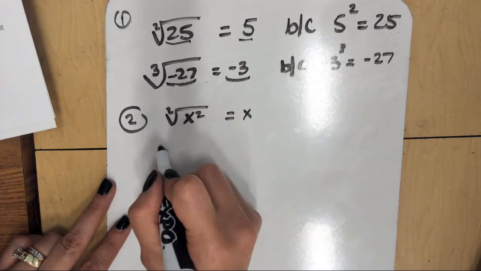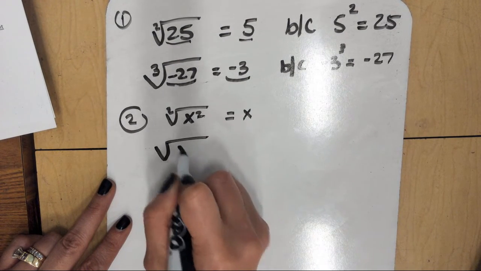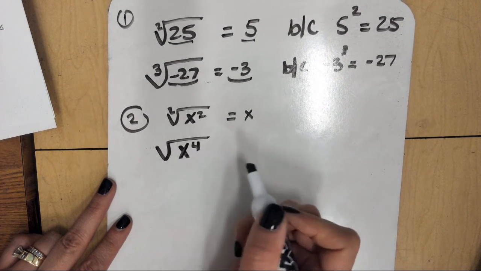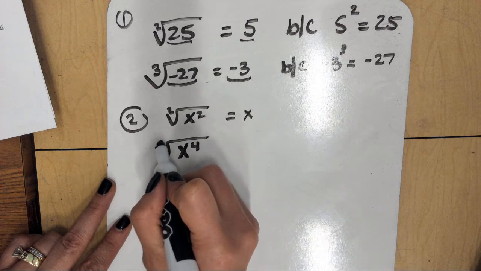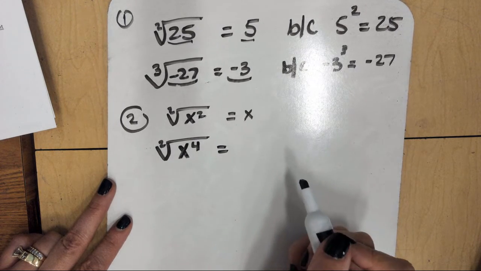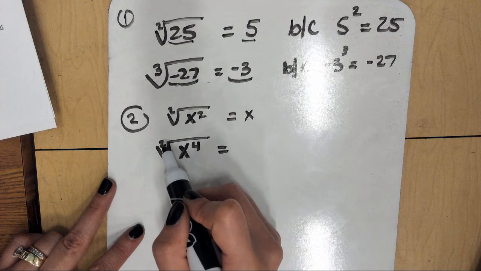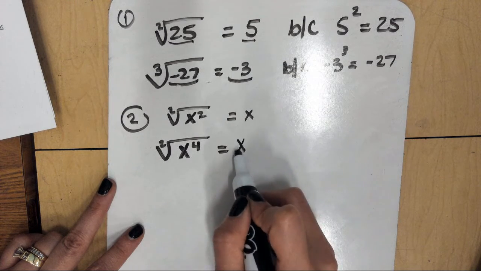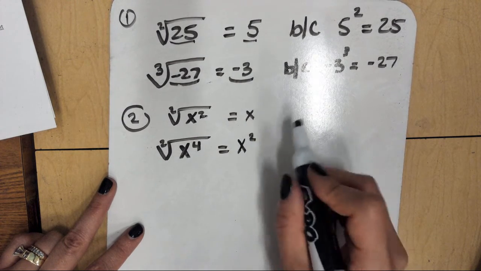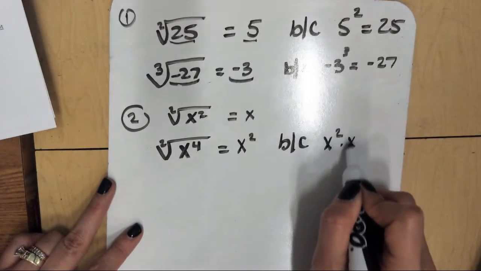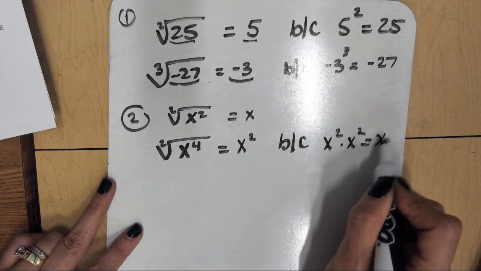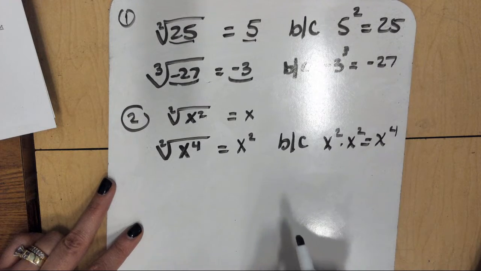What if I was looking for the square root of x to the 4th? Again, there's a 2 in here, and 4 does divide by 2 evenly. This equals x squared. Again, this is true because x squared times x squared equals x to the 4th.